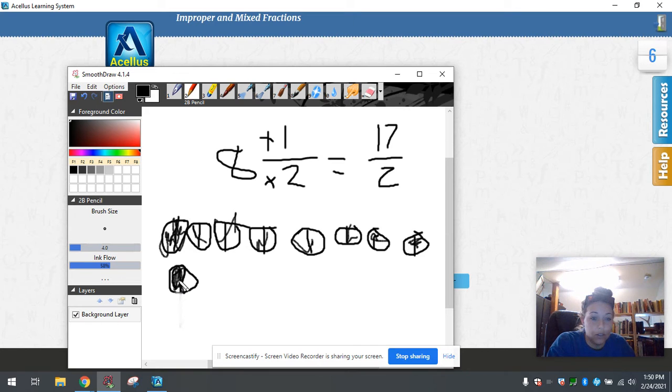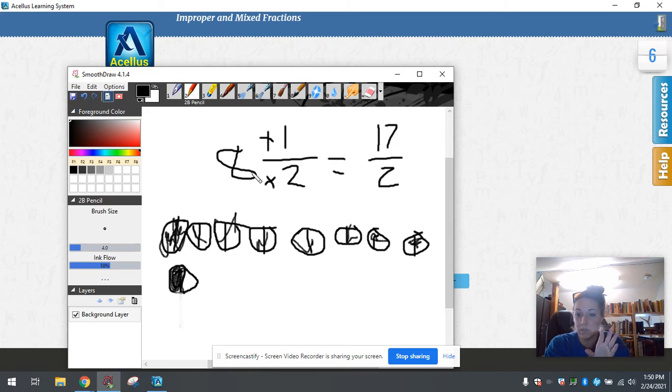Now these scribbled out ones are empty silver trays. We only have a half pizza left. If you wanted to count each half one at a time, you will notice that you get to 17 halves that have been eaten.